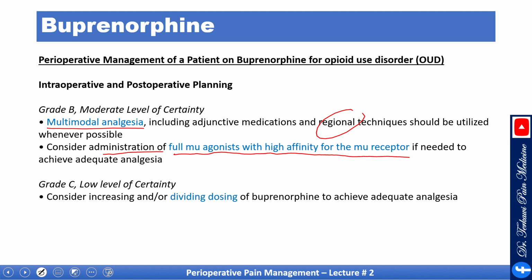Can you think of an opioid with high affinity here? Sure, fentanyl, of course, right? So fentanyl, especially now the sublingual form, and hydromorphone, where the conversion factor is 4. So please go back to the slide earlier.